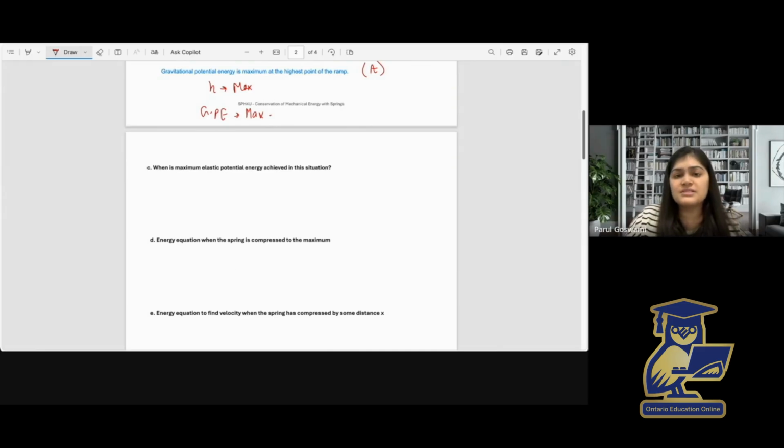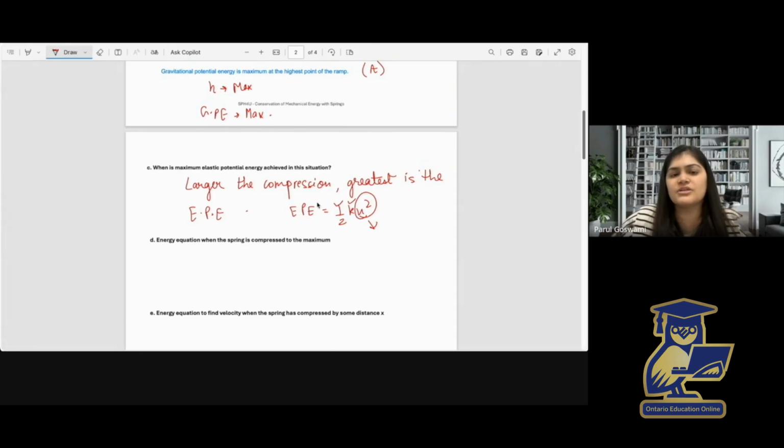So the larger the compression, the greater the EPE, because EPE depends on half kx squared. k is constant, half is a constant factor, so at maximum compression distance we get maximum elastic potential energy.